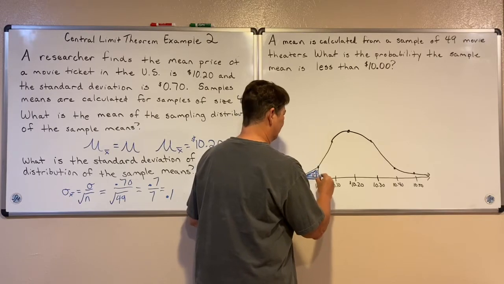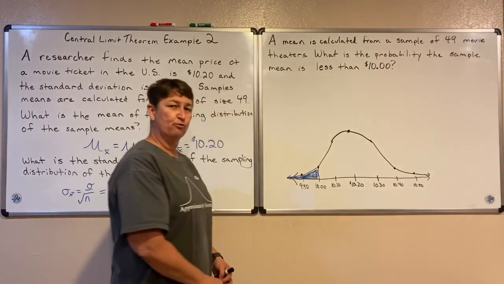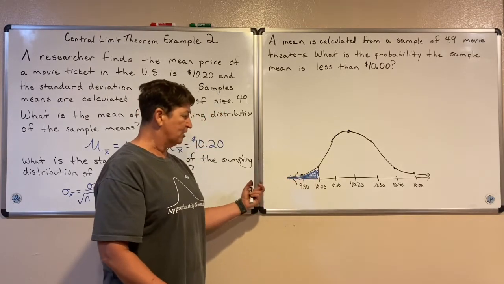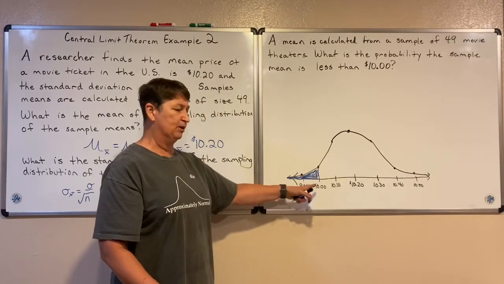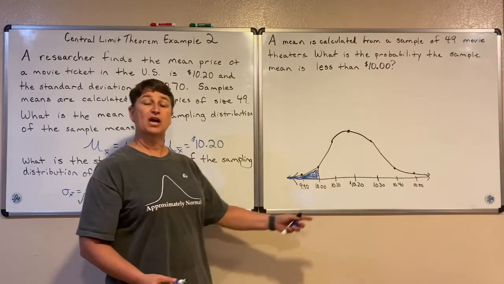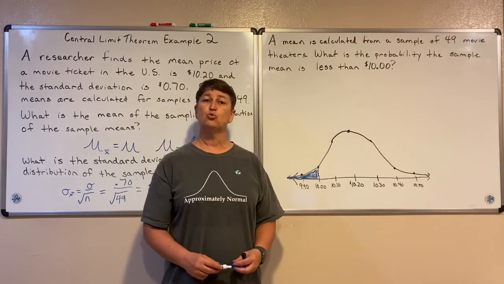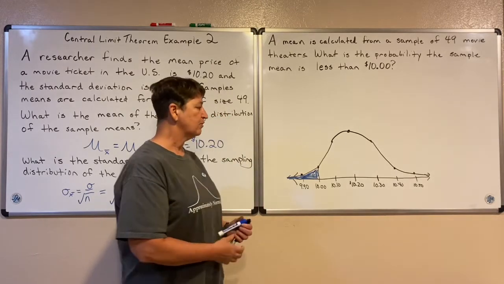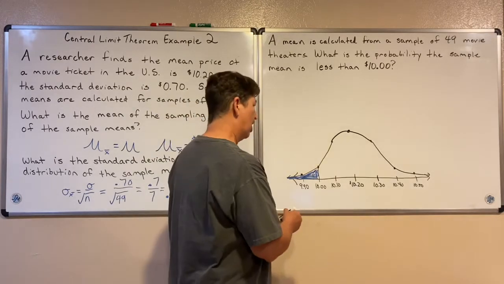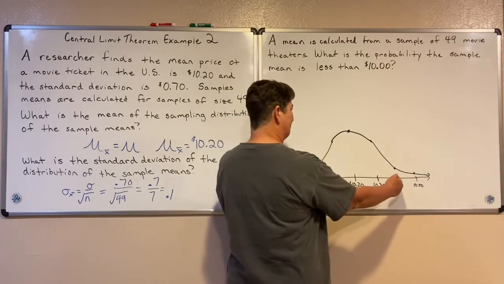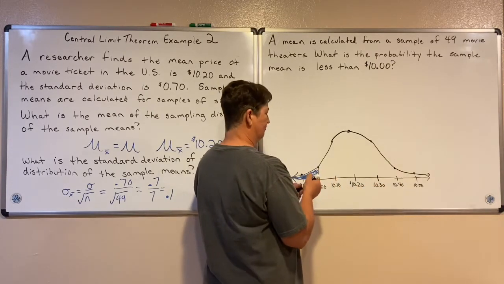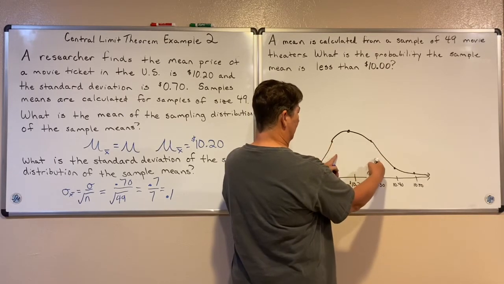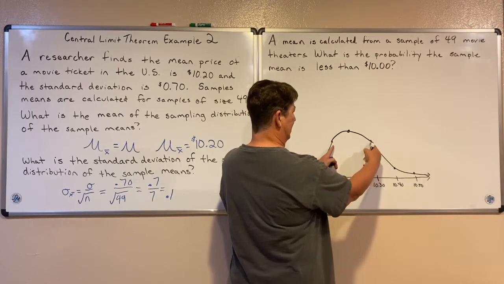So we're looking for this area under the curve. We're looking for that probability. How much of the area under the curve is there below $10? Well, because this is a nice normal distribution, we can use the empirical rule to help us. So let's do that. We know from the empirical rule that 68% of our data is within one standard deviation.